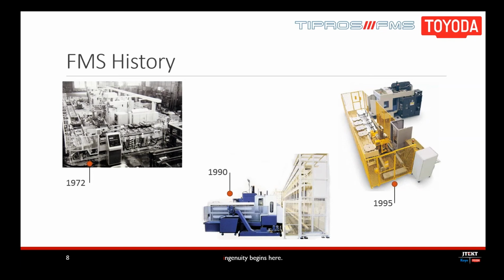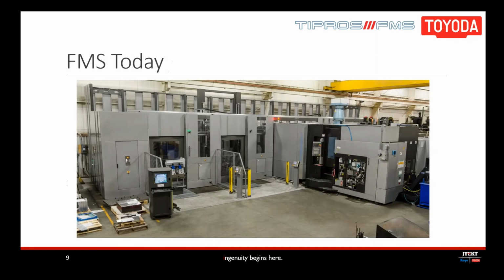In 1995, we improved on this technology to allow for multi-machine, multi-pallet systems with rail-guided vehicle automation on our own Toyota cell controller. Since 1995, we've constantly improved on our systems and software to allow our customers to keep up with demand. Over the course of this series, we'll show you what sets Toyota apart from the rest.